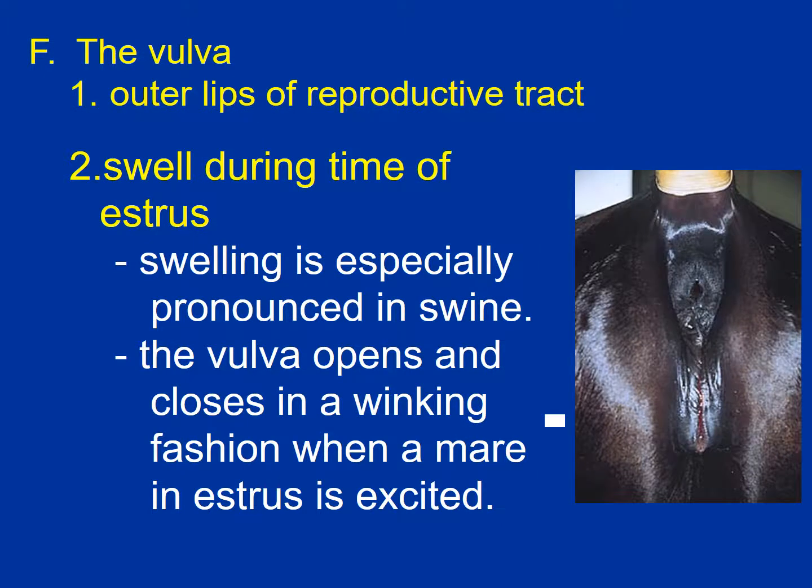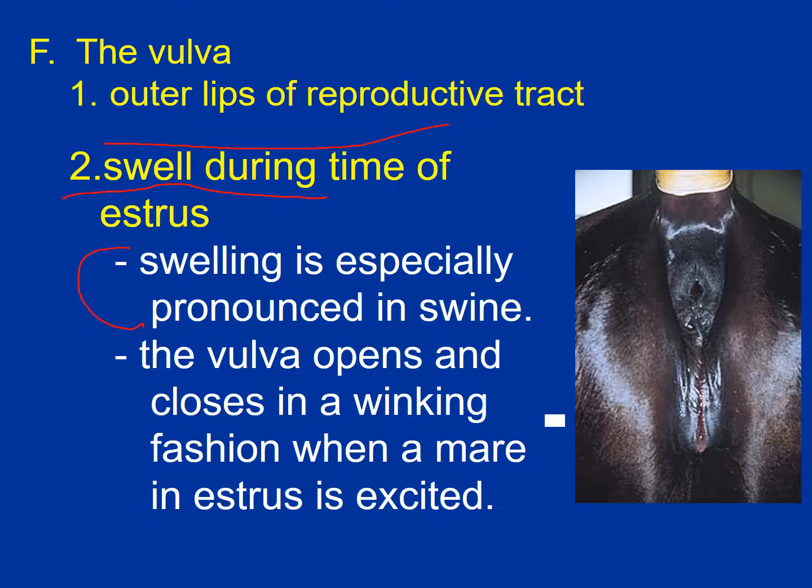The vulva is the external part of the genitalia. It's the outer lips of the reproductive tract. During estrus, the blood supply to the whole reproductive system increases, and as part of that increased blood supply, we get a swelling of the vulva. It's very pronounced in swine.